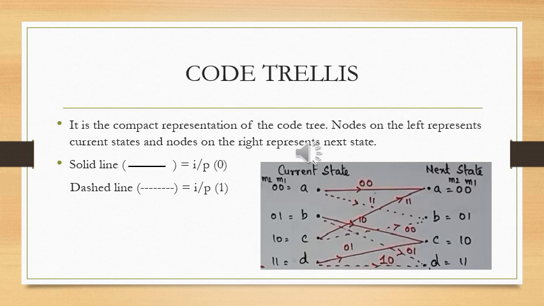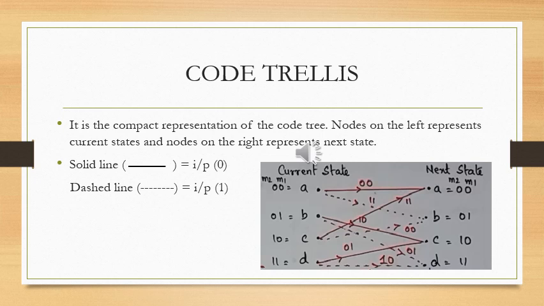Again, when the current state is equal to B, the next state is equal to C when the input is equal to 0. The output V1, V2 is equal to 1, 0. So that is represented with a solid line and the output is marked on the line.